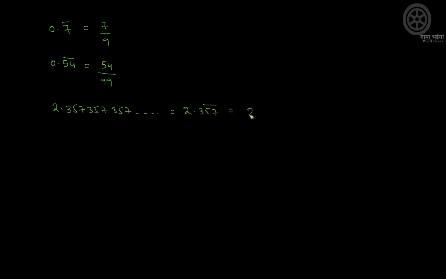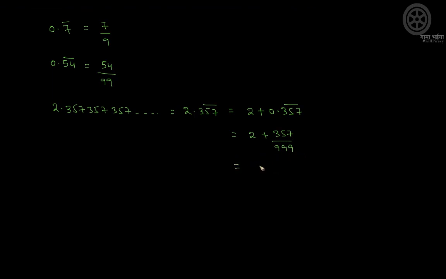And this one you need to write 2 plus 0.357 bar, right? So 2 plus 357 by 999, right? Understood?